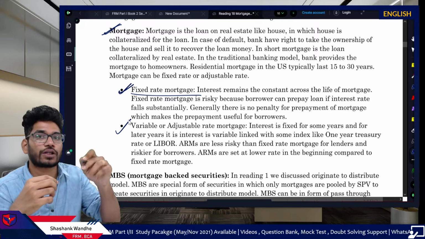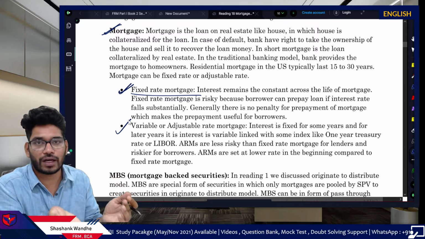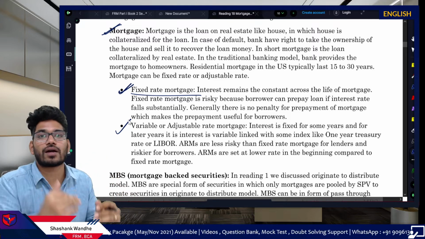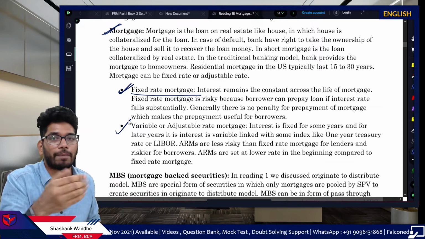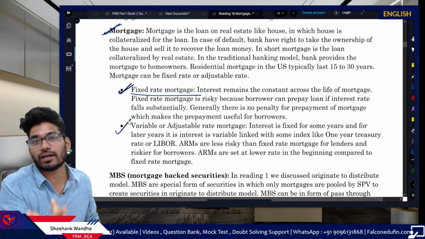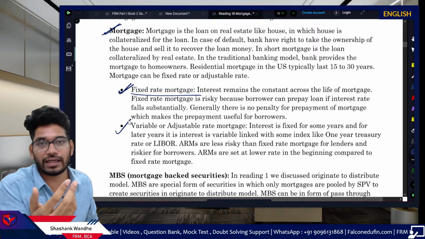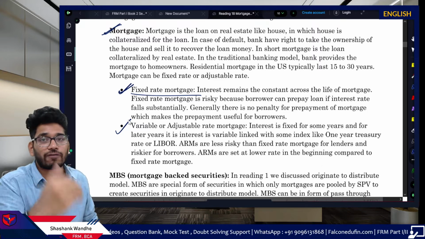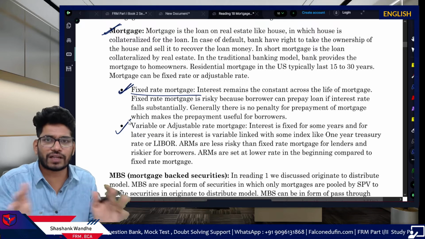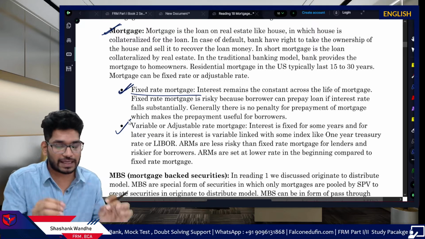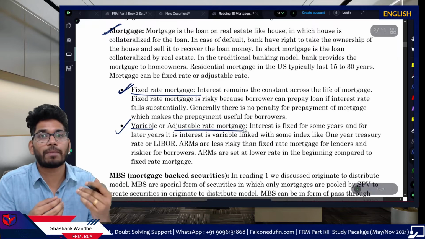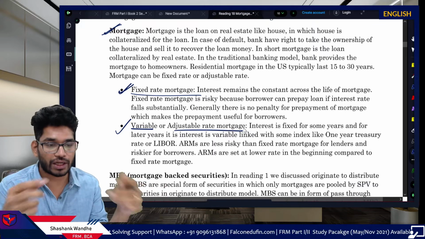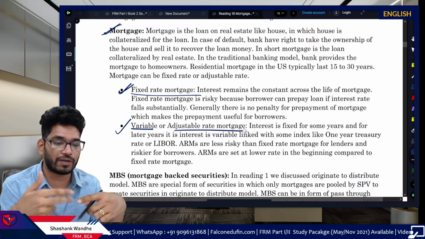It is not going to fluctuate every time the market rate fluctuates, but it will fluctuate if a certain criteria is breached. If the market interest rate say goes up by 2%, then maybe that increase or decrease in the interest rate will trigger. If market rate falls by 2%, then it will trigger. I'm just giving a generalized example and not a specific example here. So variable rate and adjustable rate mortgage can or may change in the life of the mortgage. Fixed rate will be fixed, adjustable will change.